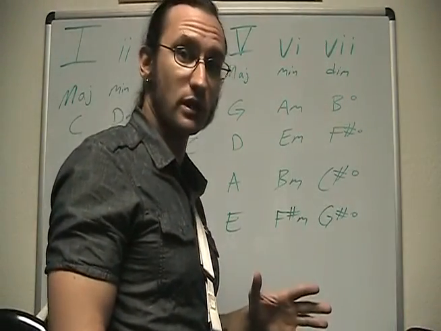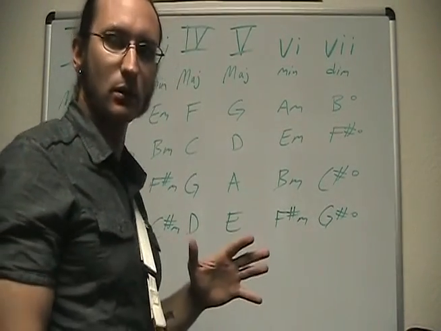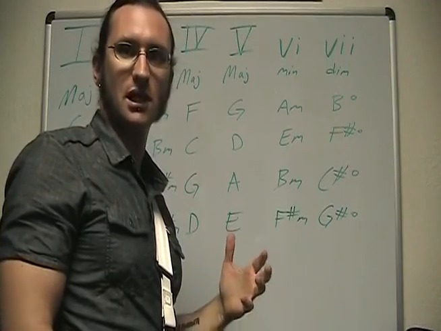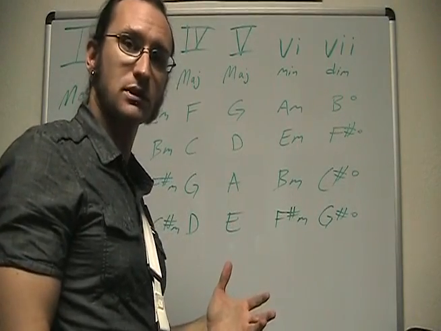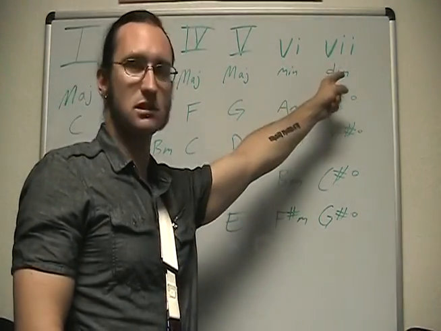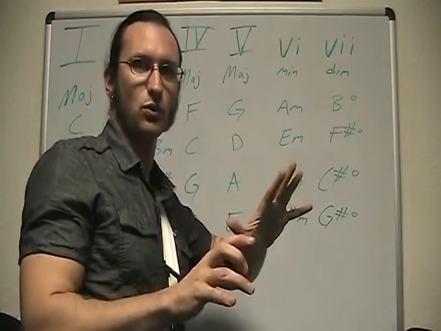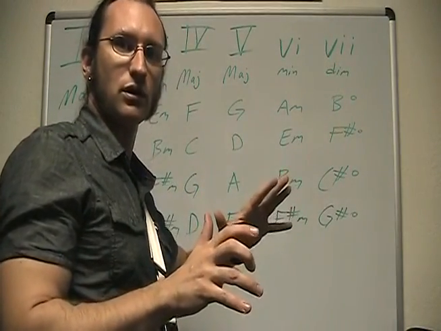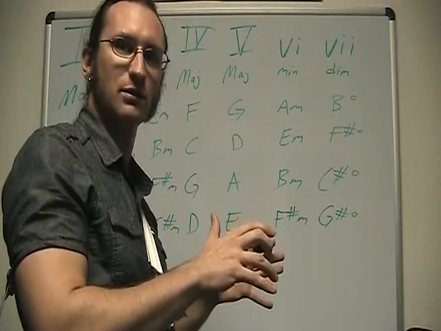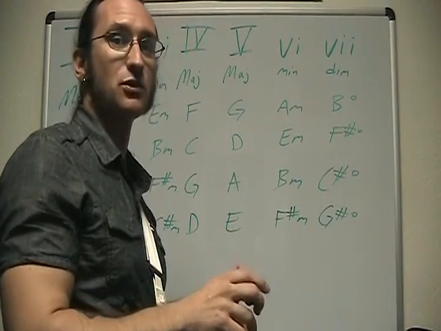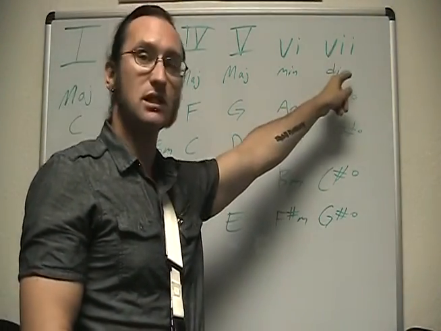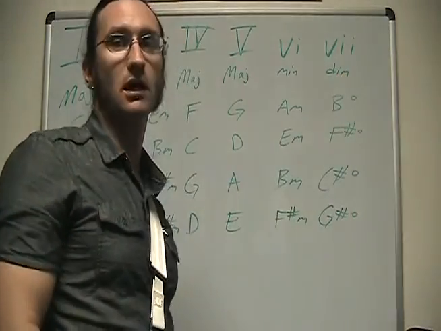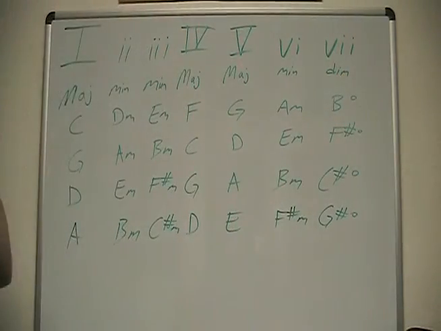The reason for that is the capital Roman numeral represents major. Lowercase represents minor. Now the diminished is neither major or minor. However, a diminished chord is more closely related to a minor chord, so that's why the diminished is lowercase and not upper.